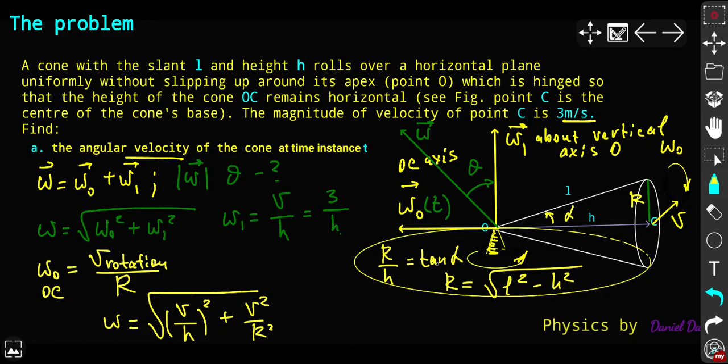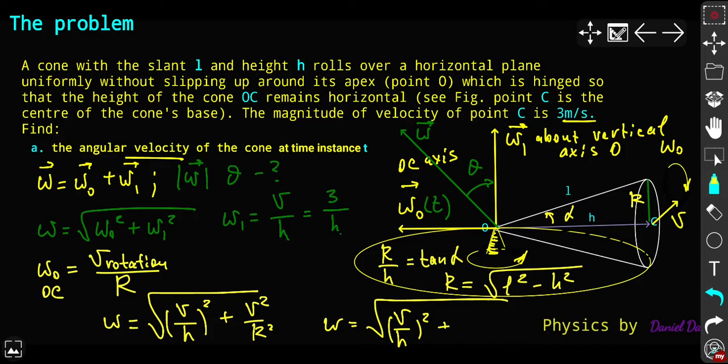If you like, you can calculate angle alpha and figure out the radius through H. So I'll also put another variation for the final omega: the square root of V over H squared plus V over R squared, and instead of the radius, I'll figure it out through tangent alpha times H, right?